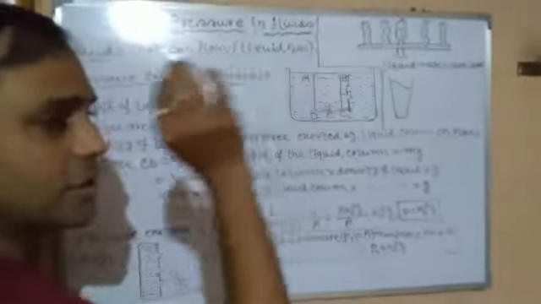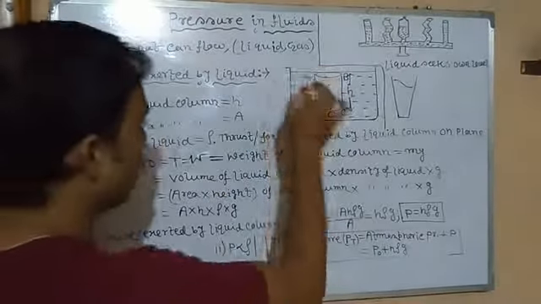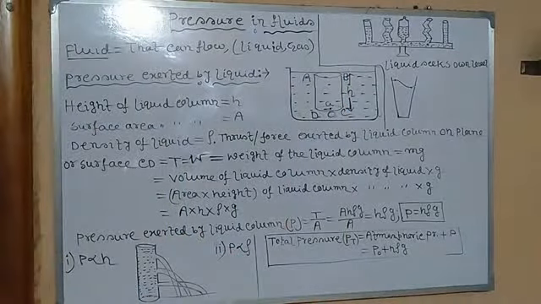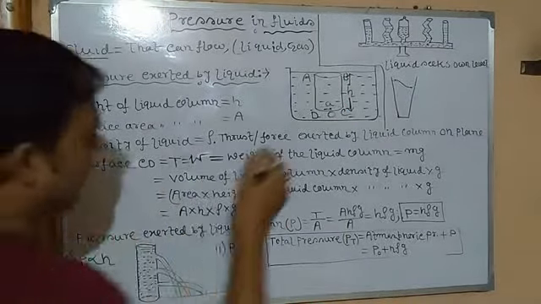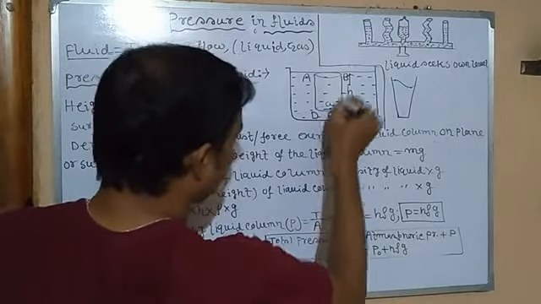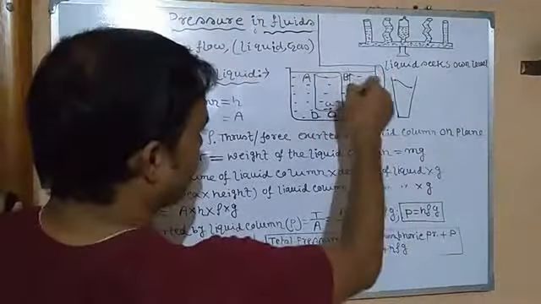Look, the liquid is stationary. So we want to determine the pressure exerted by a stationary liquid at the particular point O, which is at a depth h from the above surface.